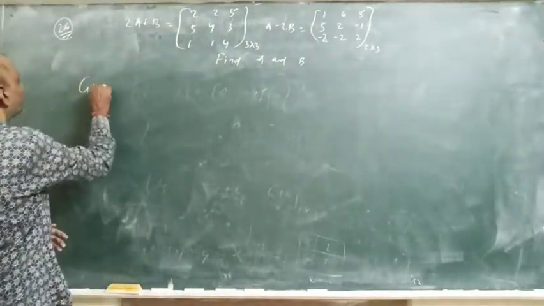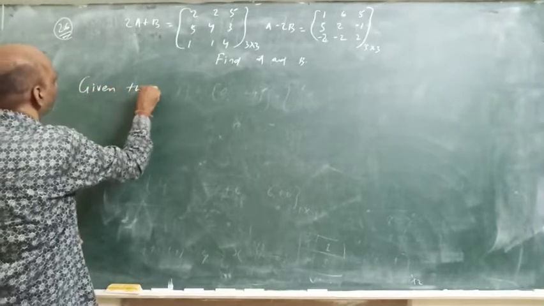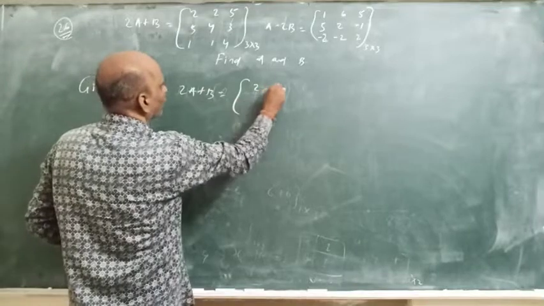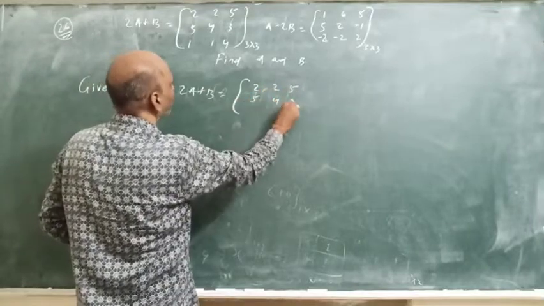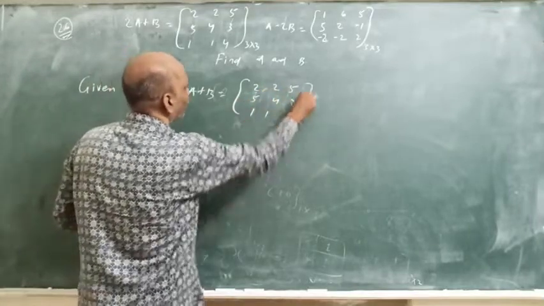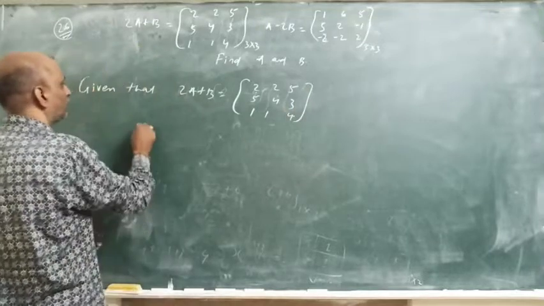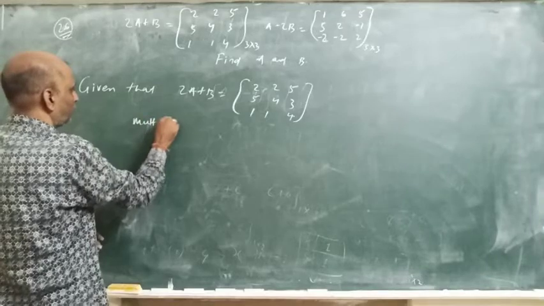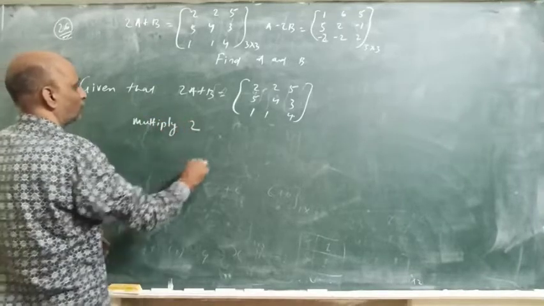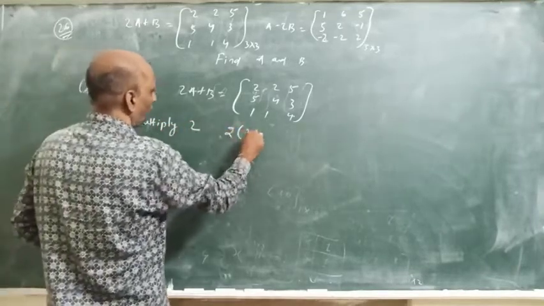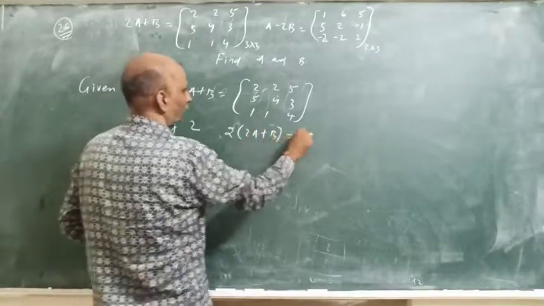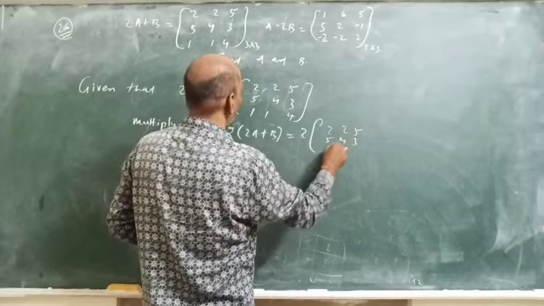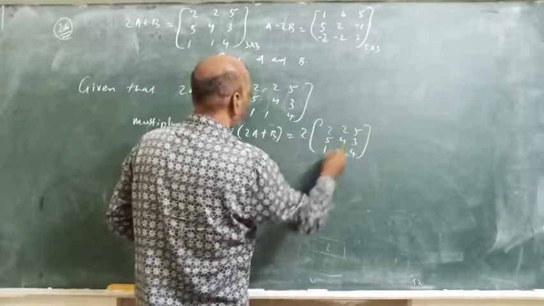Given that 2A plus B is equal to 2 2 5, 5 4 3, 1 1 4. Now multiply 2. So 2 into 2A plus B. Therefore we multiply both the matrix 2 2 5, 5 4 3, 1 1 4 with 2.